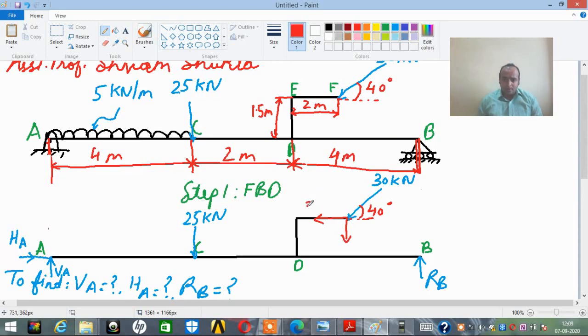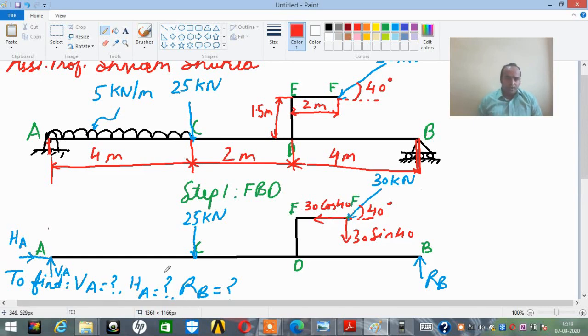So this will be 30 cos 40 and 30 sin 40. Friends, you would be thinking why I didn't resolve it over here. Intentionally I have resolved it at point F because it gives me a clear reason. While we take the moment, it will be clear where the force is actually acting. So let me mention the points E, F. This is the point F over here.